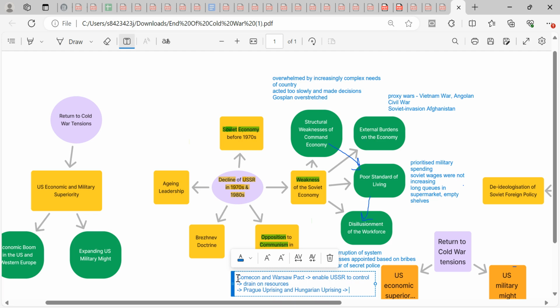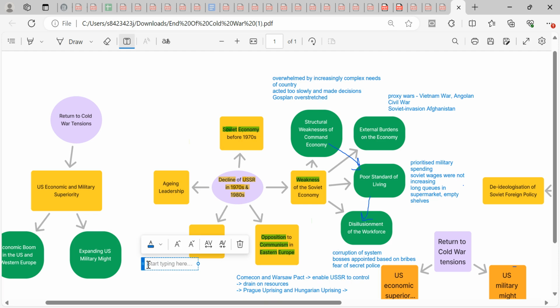So how does this lead to the decline of the Soviet Union? This would mean that they would have to spend more, and this eventually crystallized into the Brezhnev doctrine, whereby all the Eastern Bloc countries would be a one party state.